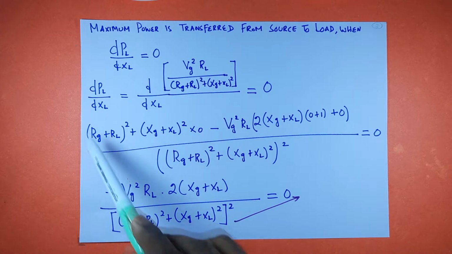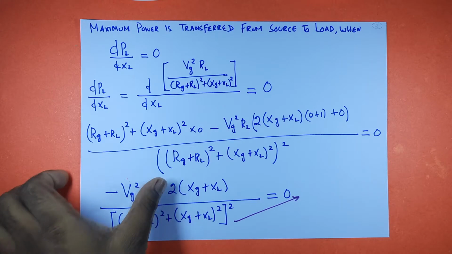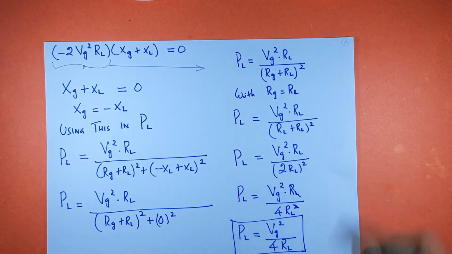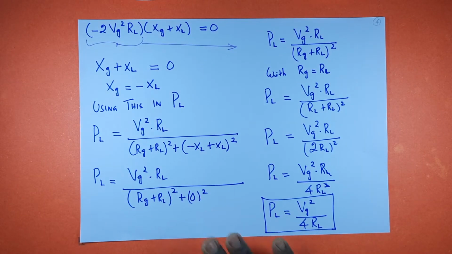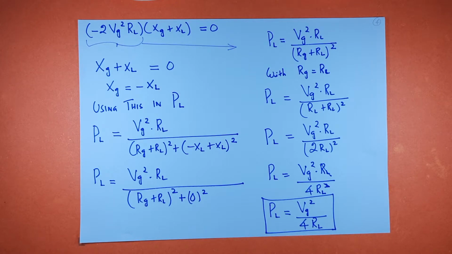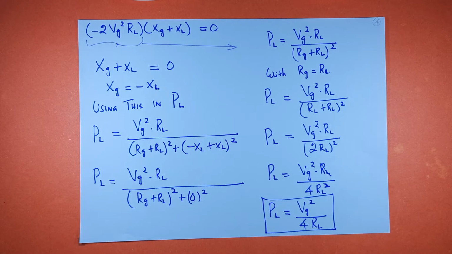So the next step: the first term is 0, so we have minus Vg square RL, 2 into Xg plus XL, divided by the denominator. Now you take this denominator to the other side, so that becomes 0. So you have minus 2 Vg square RL into XL plus Xg equal to 0.